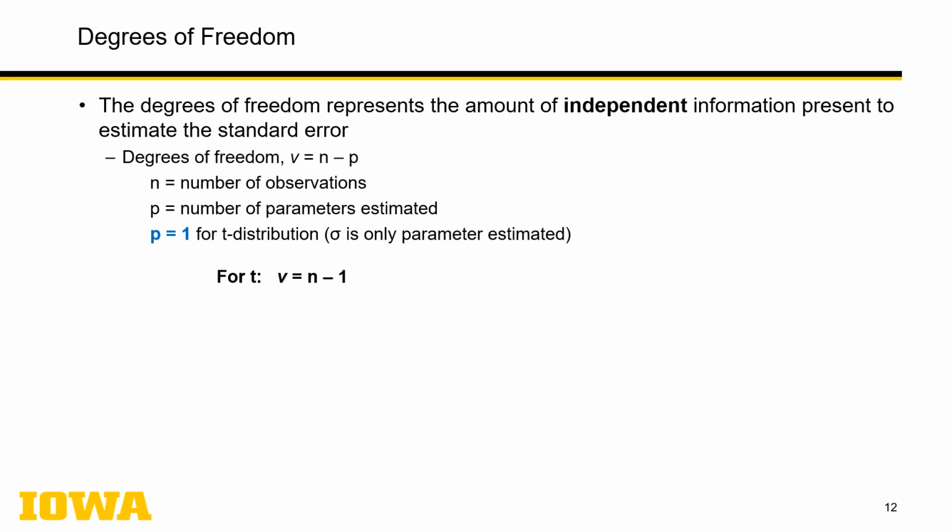For a t distribution, we just talked about sigma being the parameter that is being estimated. So p is 1 for a t distribution, and therefore the degrees of freedom will be n minus 1. So it's as simple as that for the t distribution.